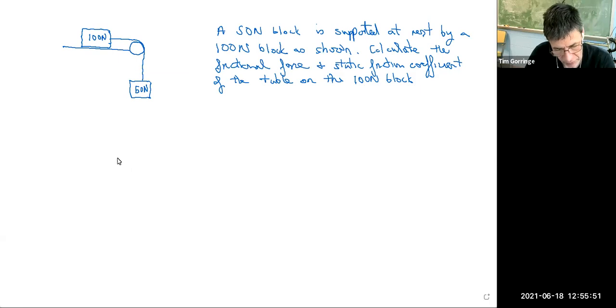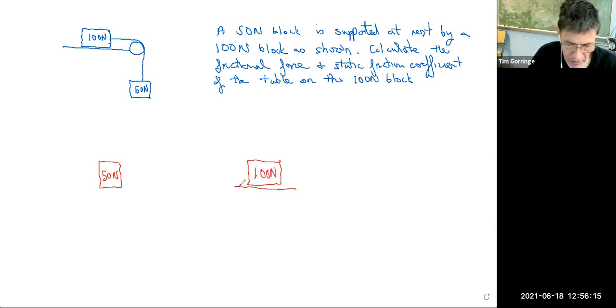I'm going to start with the 50 Newton block over here on the left, and think about the forces on it. And then we'll move on to the 100 Newton block. I'll put it over here on the right. That's sitting on the table, and think about the forces that are acting on it.